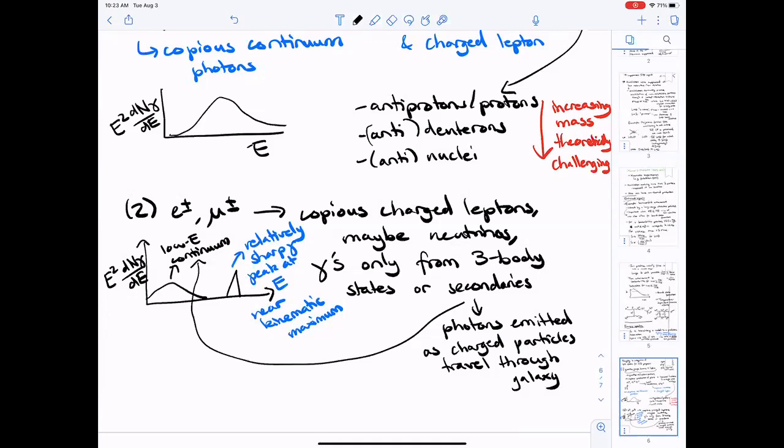That's very rare. But what's much more common is that if we produce positrons in these interactions, they can just hit an electron out in the galaxy and annihilate. So there will be a contribution from that as well. There can be a 511 keV line here. And so that is another possible signature of electron positron injection.